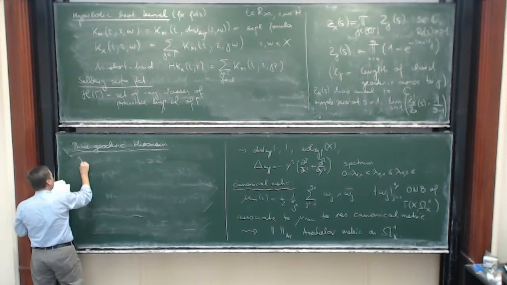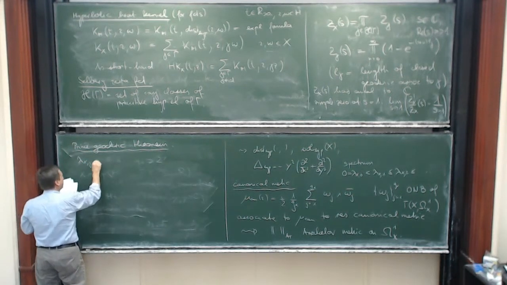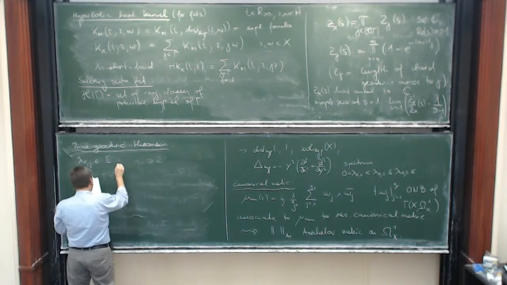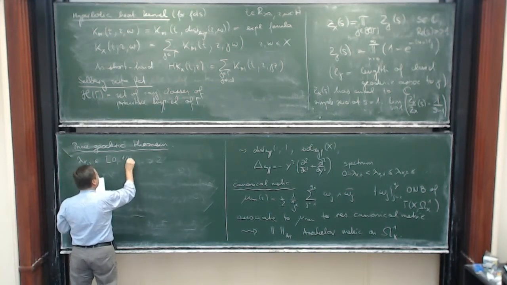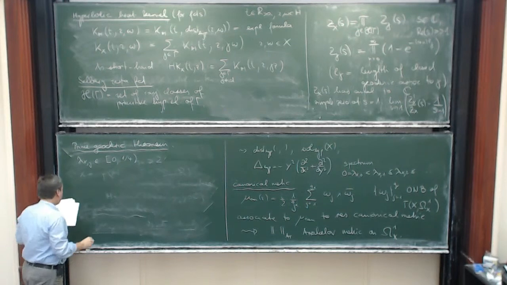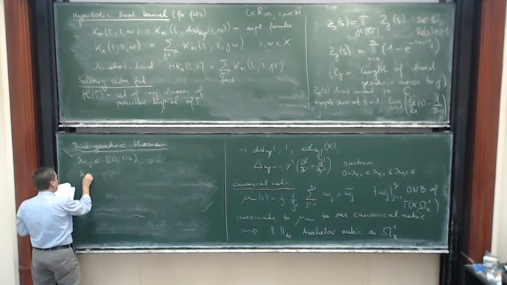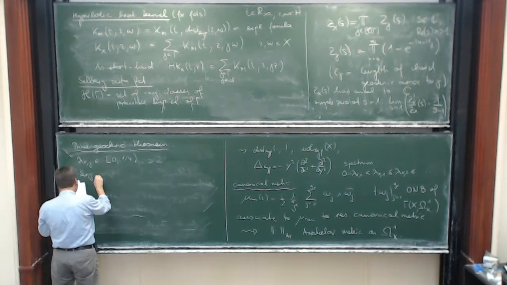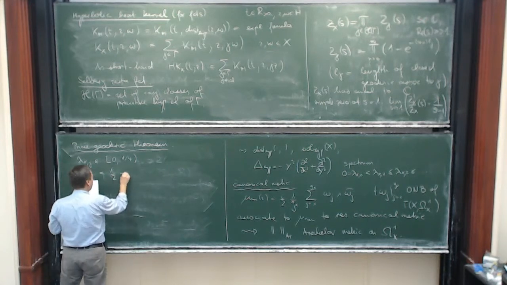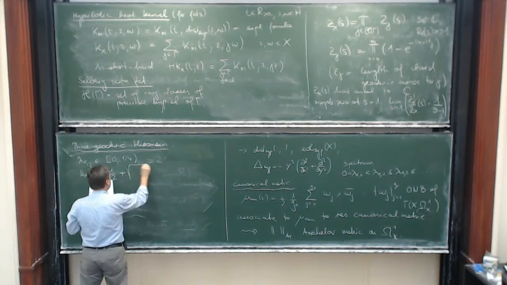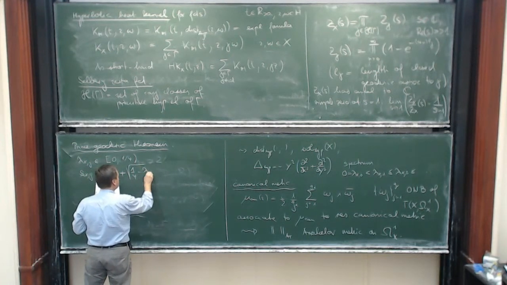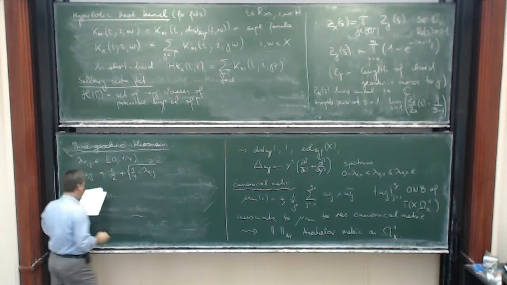Okay, so I take eigenvalues which are small, so in the interval between 0 and a fourth. And then for this I define as usual the corresponding s value, which is 1/2 plus the square root of 1/4 minus lambda xj, that's the usual notation.